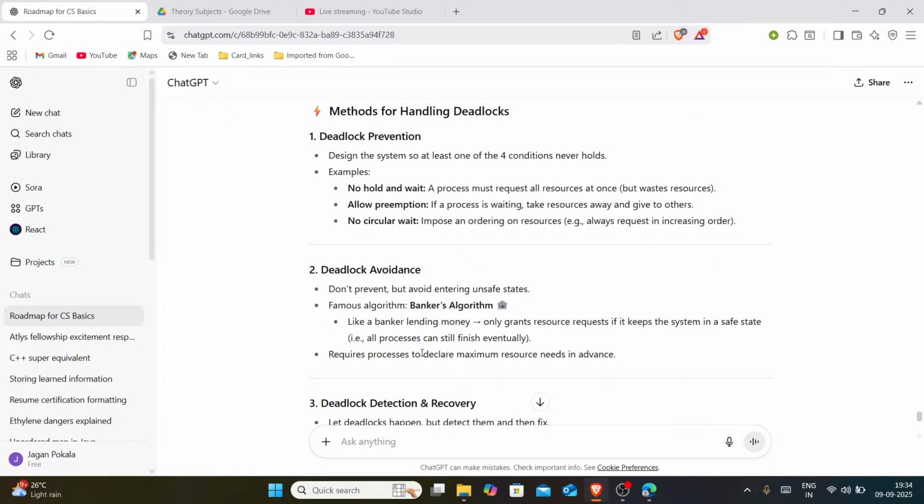Banker's algorithm: we will only grant resources if the system stays stable. It requires each process to declare the maximum resources needed, so we need to know how many resources and how much time the process needs to hold them.